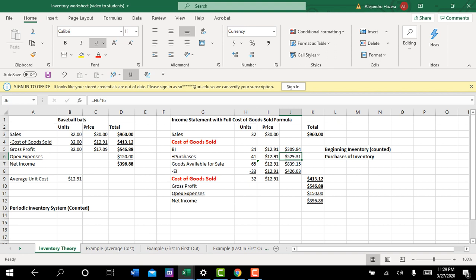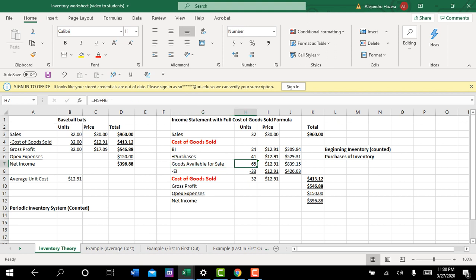Now in the inventory formula, if you take beginning inventory and add purchases, that gives you what we call your goods available for sale. And it makes sense. This line is the total goods that you could possibly have sold this period.